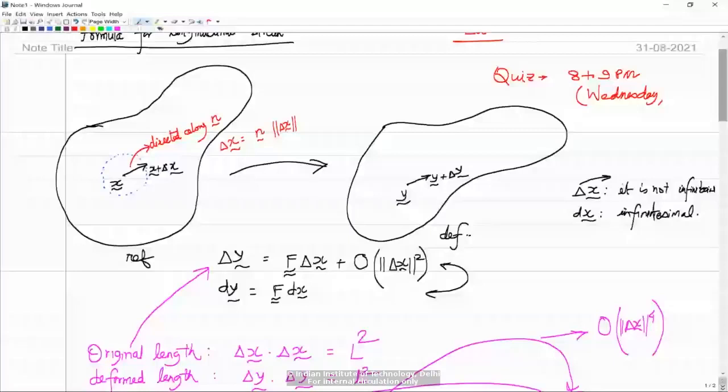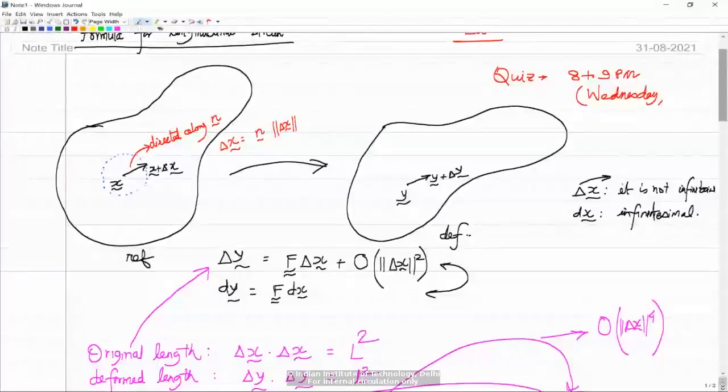Why not to point X plus delta X? So Saurabh Gita says this is not for a single point. That's true. So we have found the stretch for a line element, and this was a finite line element which does not correspond to a single point X. It is a line element itself, and as Saikat says, it corresponds to the neighborhood of X.